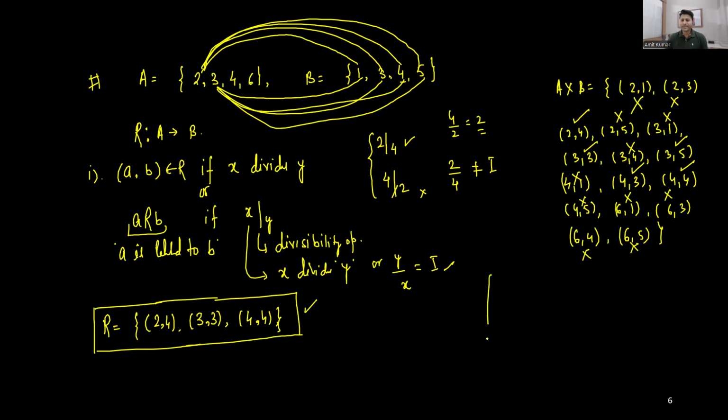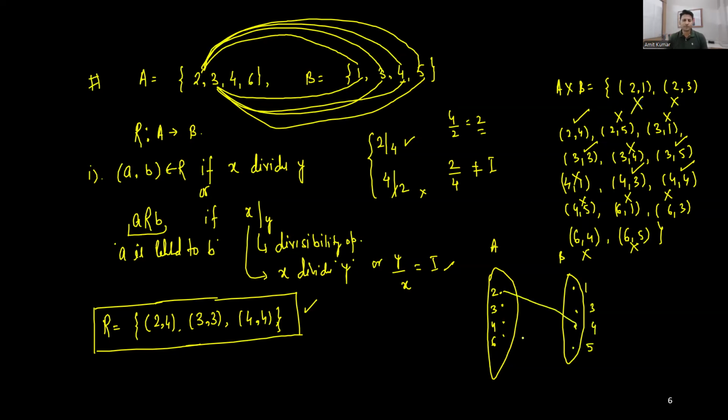The same can be represented in terms of set notation or graphically. So this is your set A having elements 2, 3, then 4, then 6. In the same manner, set B is having elements 1, then 3, then 4, then 5. Now connect. So 2 comma 4 is there, yes.